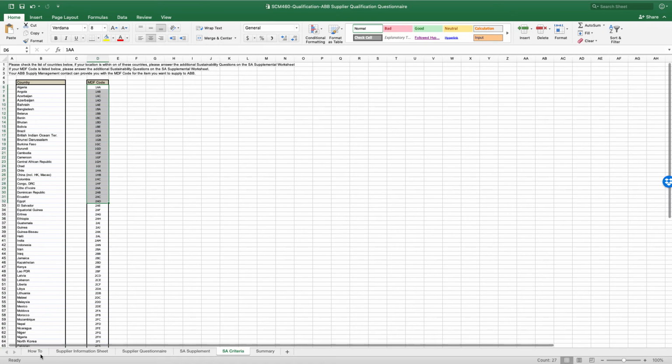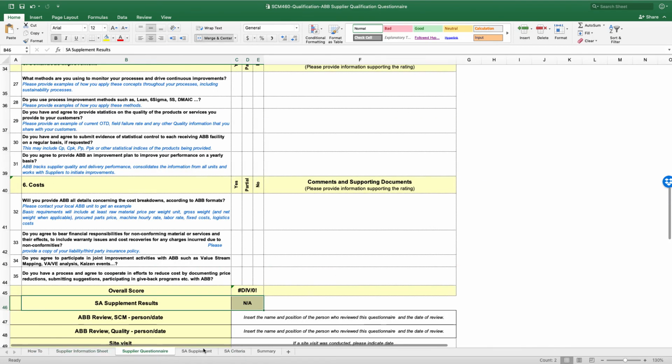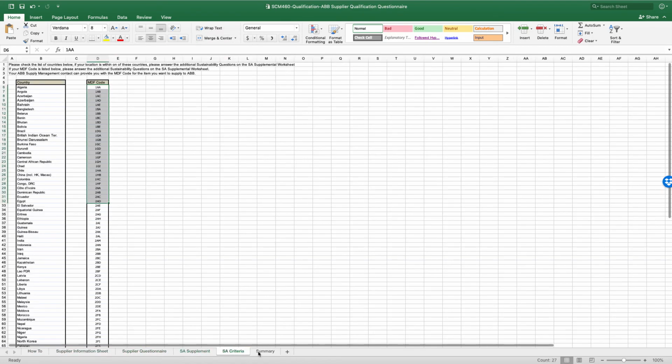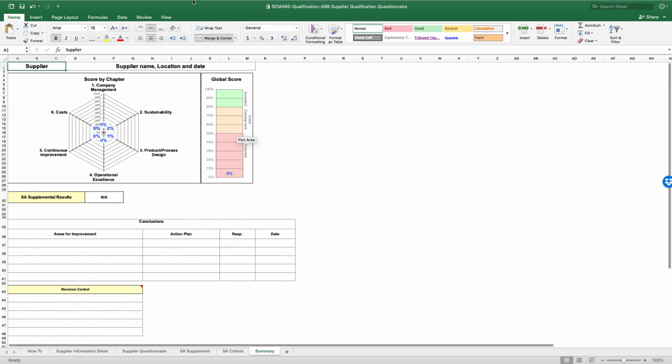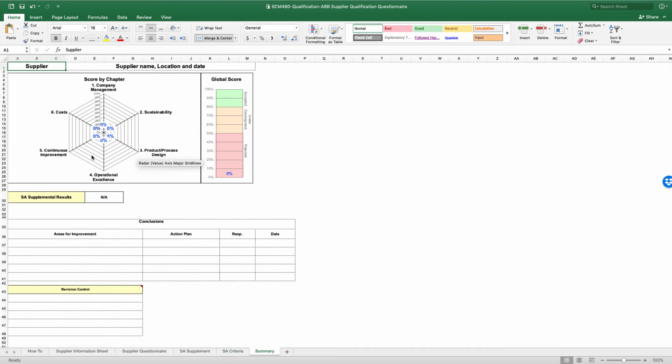Once the supplier has filled this type of questionnaire and went through the process that we have analyzed, ABB will make an assessment of the supplier on this area and will assess the status of the supplier. If the overall score is below 50%, the supplier is rejected. If it is between 50% and 80%, the supplier will be under development.